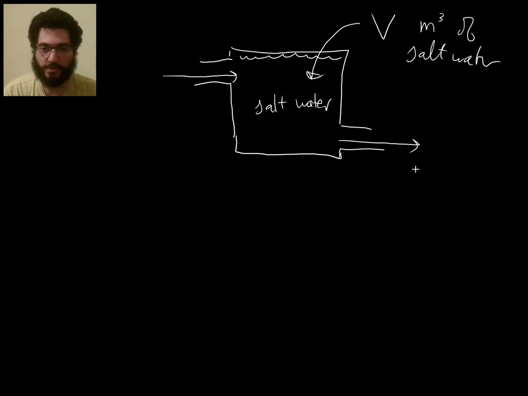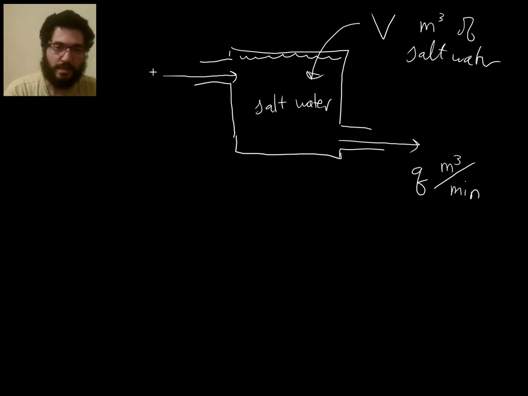So assume that water is draining at a rate of Q, water flow rate, volume per time, so Q cubic meters per minute. And let's say that it's coming in at the same rate, Q. So Q represents the fluid flow rate for fluid coming in and for fluid going out.